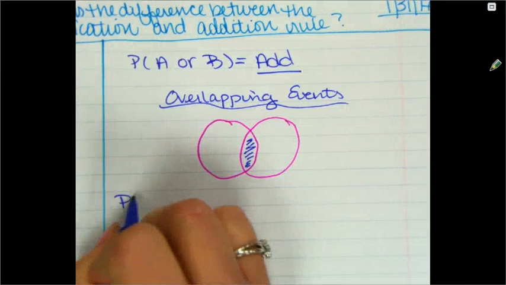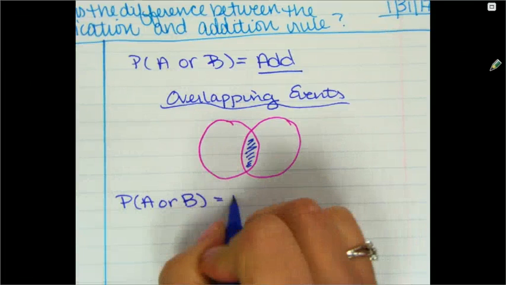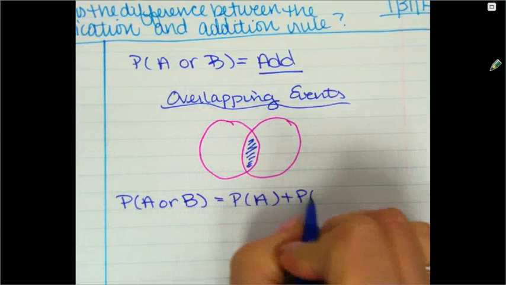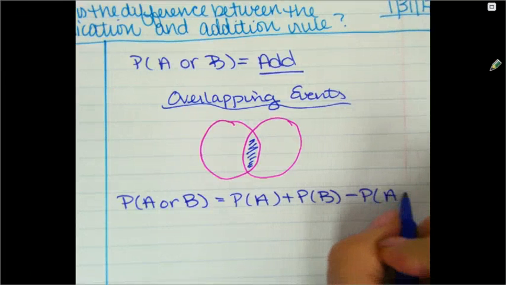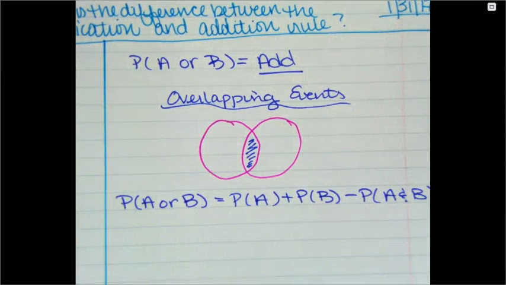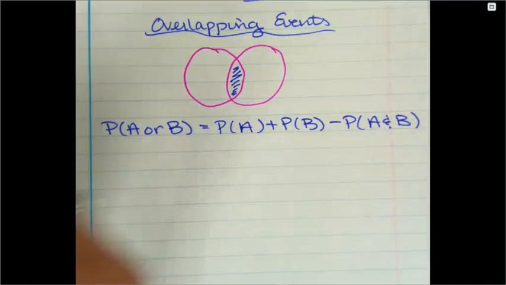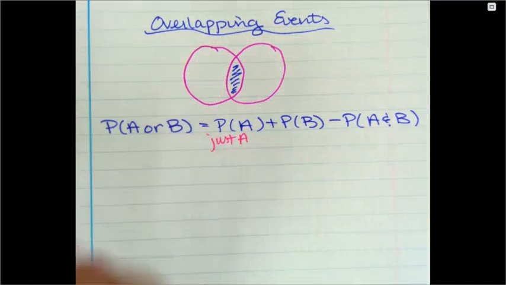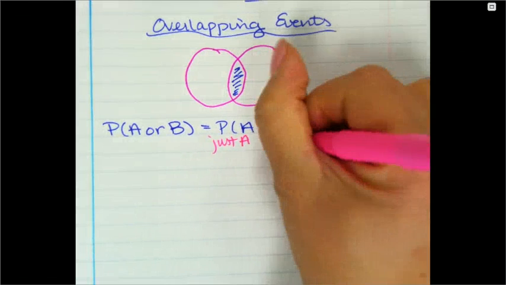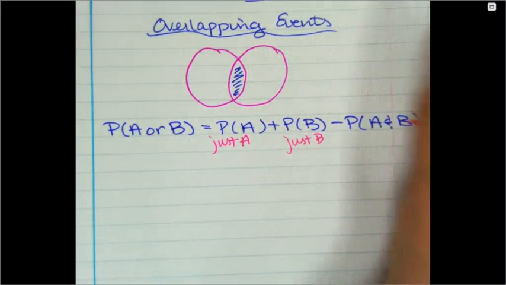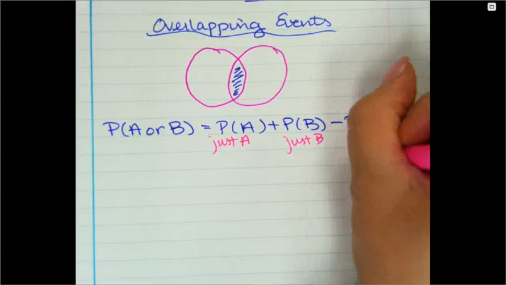But here's the rule. It says the probability of A or B is equal to the probability of A plus the probability of B minus the probability of A and B. Now, the probability of A is just A. The probability of B is just B. And the probability of A and B is both of it, which is your overlap.